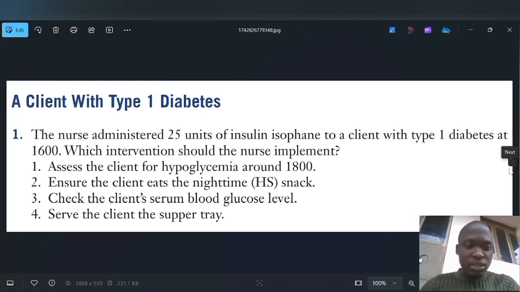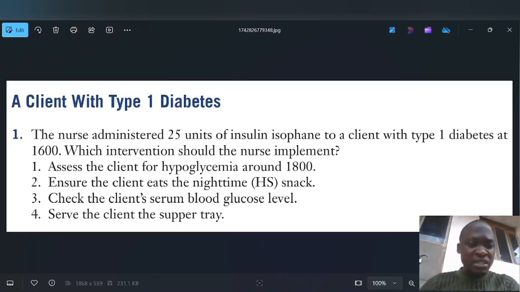All right, when it comes to diabetes type 1 drugs and diabetic drugs, make sure you pay attention to timing. So right here we have insulin isophane, which is more of an intermediate. So you expect the effects to come 6 to 8 hours after administering.